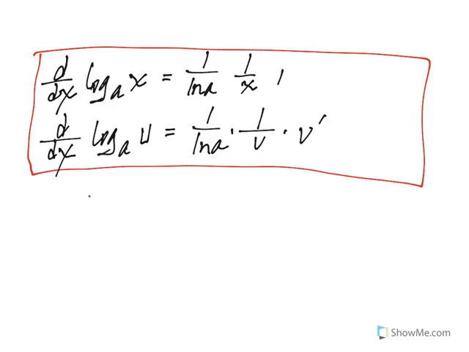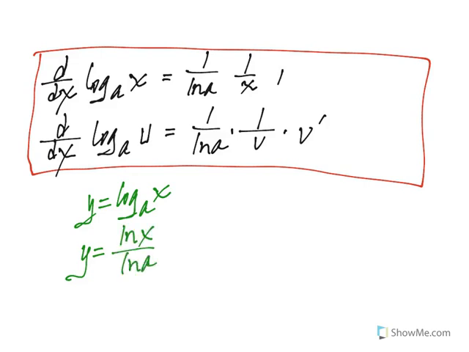All right, let me just show you where this comes from. Let's say that I've got just a very simple expression, log base a of x. On the right-hand side, these formulas essentially come from the base change formula. So if I just go ahead and jump straight to it, I've got the natural log of x over the natural log of a, which can be rewritten like this, 1 over the natural log of a times the natural log of x.